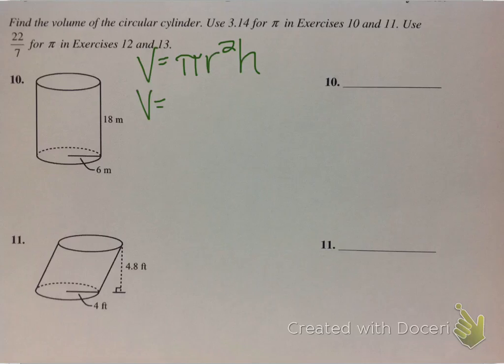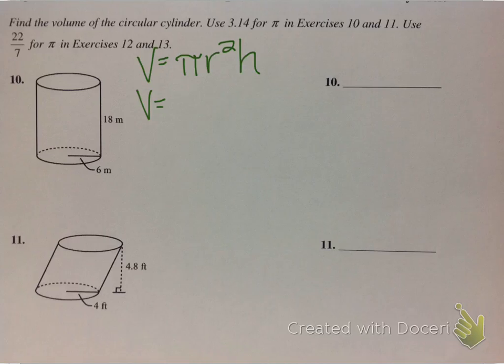So pi, now we have two approximations for pi, 3.14 and 22/7. You can use either one. Make sure in MyMathLab that you use the one that they specify, because if you don't, you'll be slightly off in your rounding and it would count it wrong. So if it says use 3.14, use that one. If it says use 22/7, use that one.